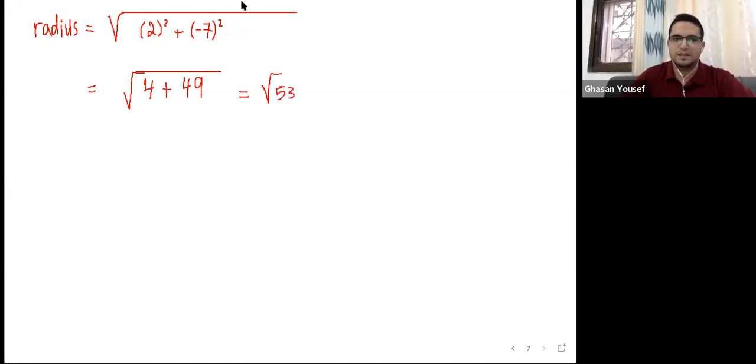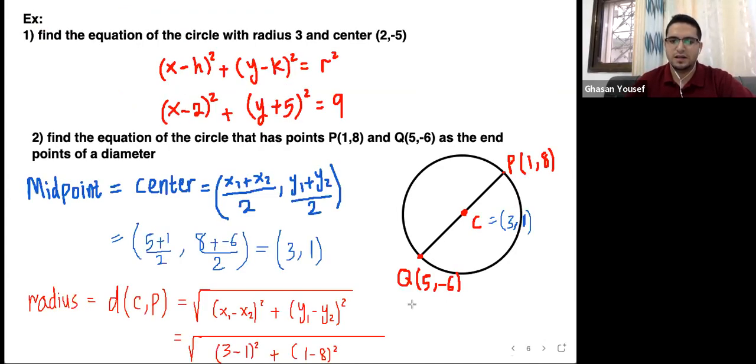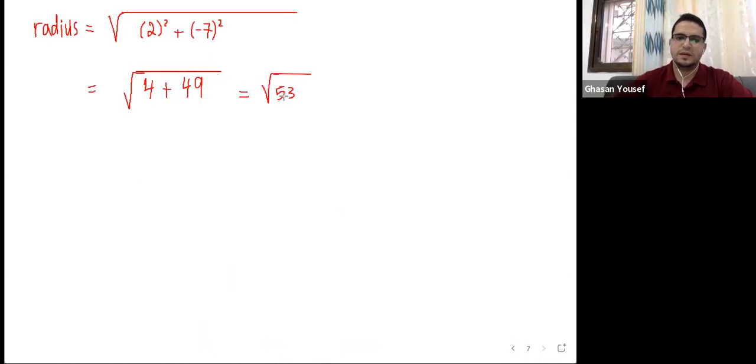This is the radius. So actually I got the radius and also the center. The center is the blue point here, the ordered pair 3 and 1, and the radius is the square root of 53.